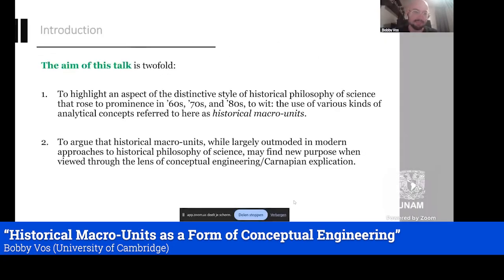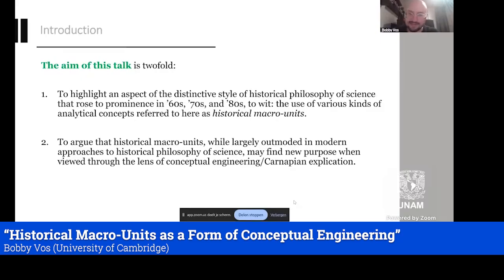Yeah, the aim of this talk is twofold, more specifically, to highlight an aspect of the distinctive style of historical philosophy of science that rose to prominence in particular in the 60s and the 70s of the last century, so 1960s, 1970s, also still a little bit in the 80s, depending on how broadly we go.